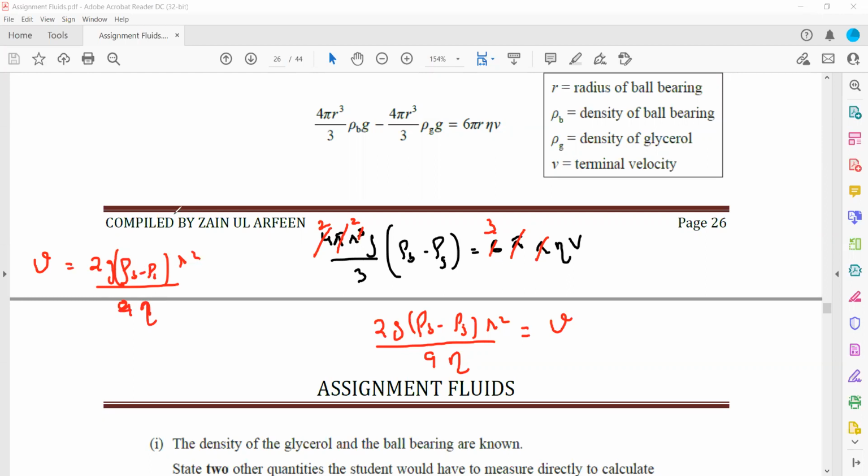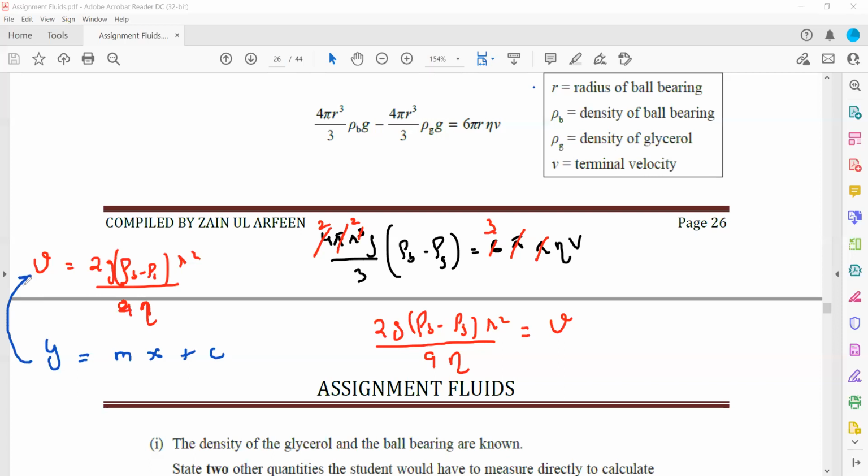Now how can we use a graphical method to work out the values which we calculated? The graphical method is by plotting a graph. We'll draw a graph of y equals mx plus c.